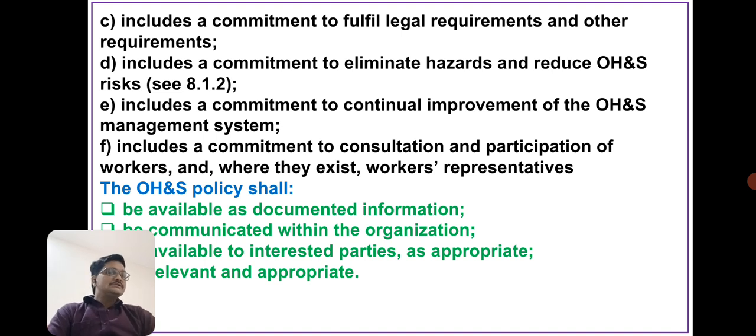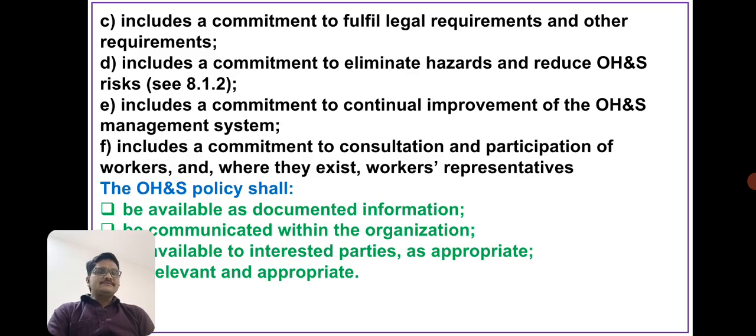And next is to include a commitment to eliminate hazards and reduce OHS risks. Next, the OHS policy includes a commitment to continual improvement of the OHS management system. And the OHS policy includes a commitment to consultation and participation of workers and worker representatives where they exist.